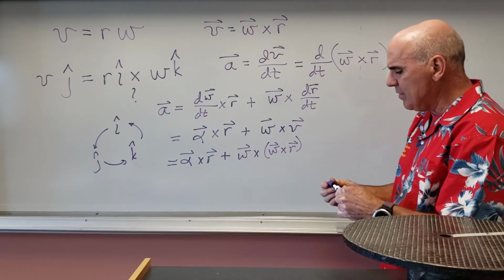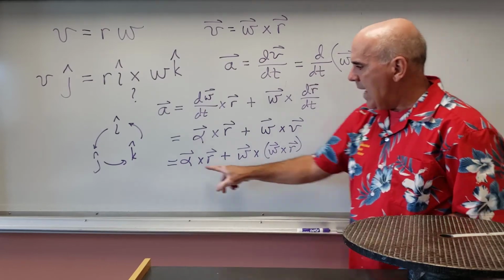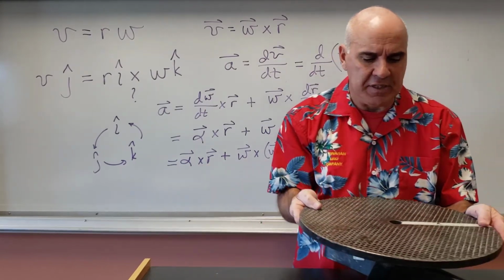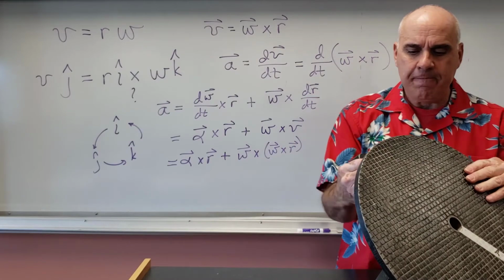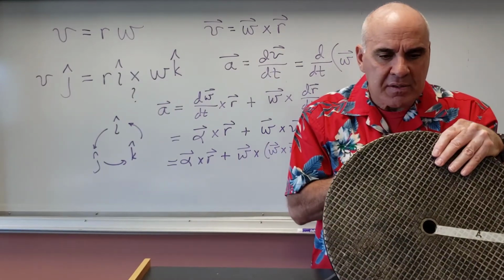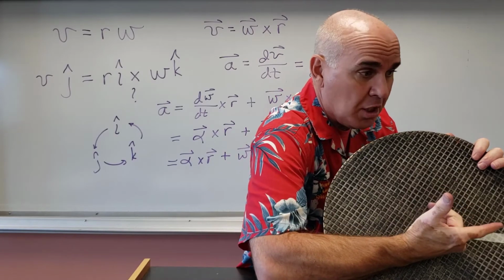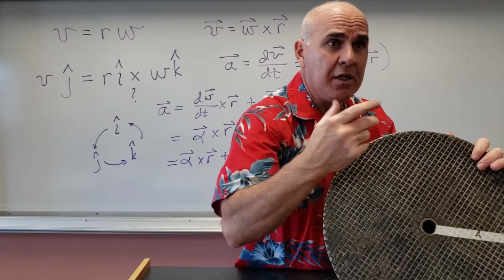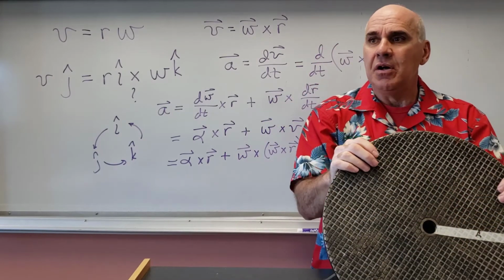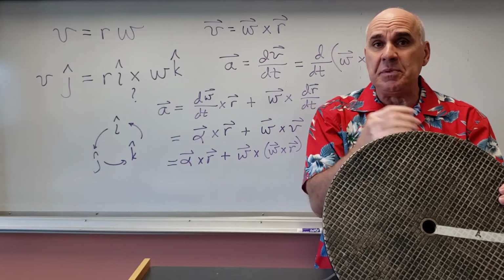I have to do omega cross r. Well, let's figure out what direction that's in. Alpha cross r, let's do that first. Alpha will be out of the disk, and then r is in that direction. So alpha cross r is in the j hat direction, or minus, depends on if it's speeding up or slowing down, right?